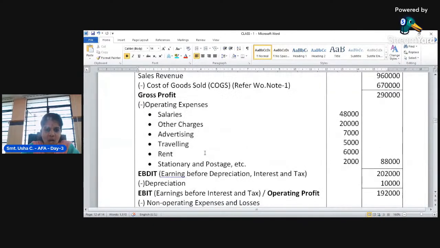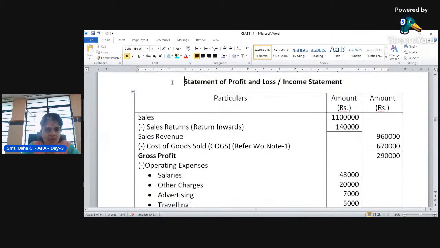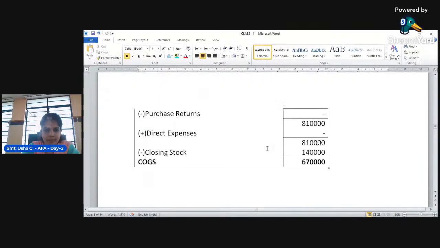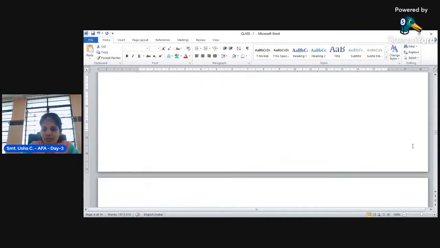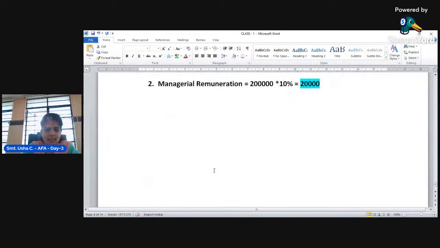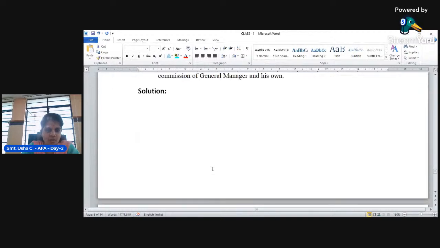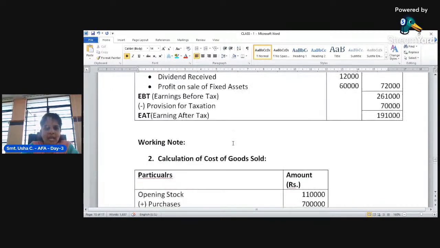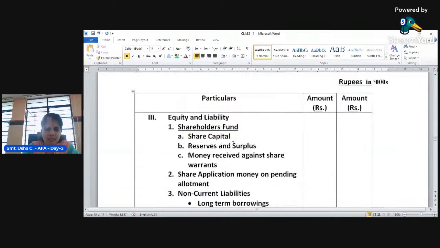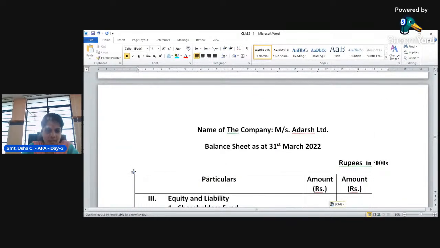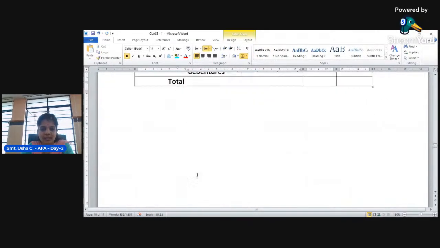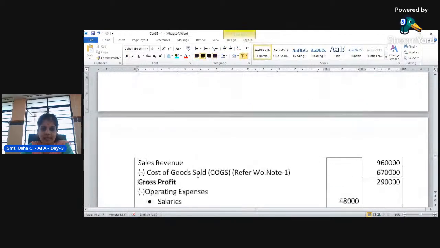Statement of profit and loss, including cost of goods sold. You know the format, right? You must know the format of profit and loss and the balance sheet. I'm copying the balance sheet format also so that the items can be taken directly.